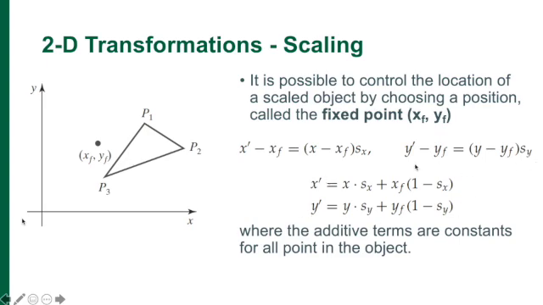This can be reformulated, as we can see here, and we can notice that these adding factors to the right are constant, because xf and yf are constant values for all of the vertices, and 1 minus sx and 1 minus sy are also constant because sx and sy are the scaling factors that are the same for all of the vertices.